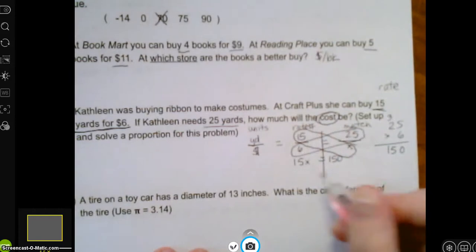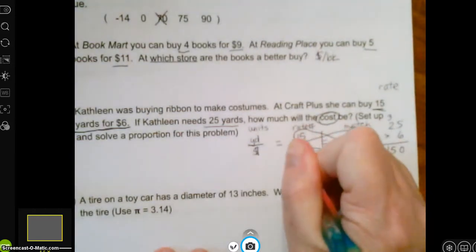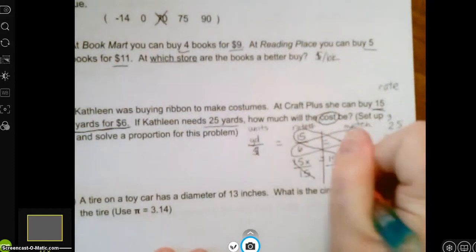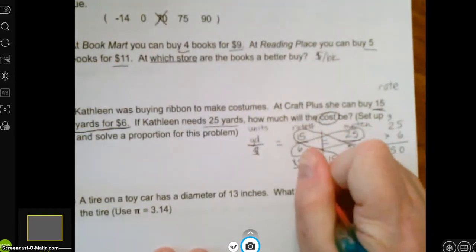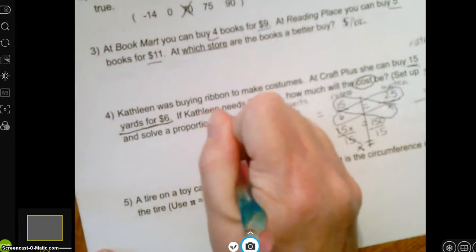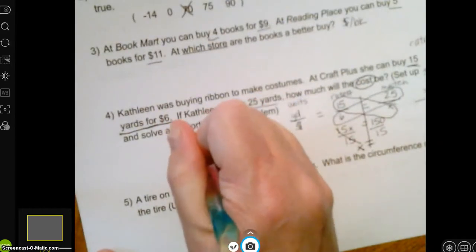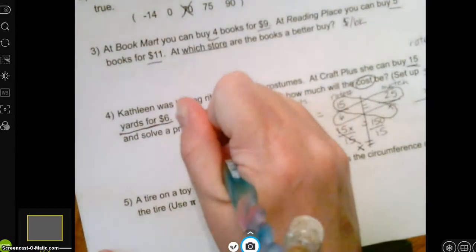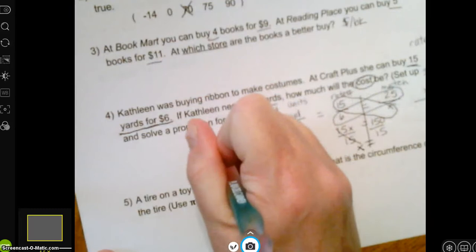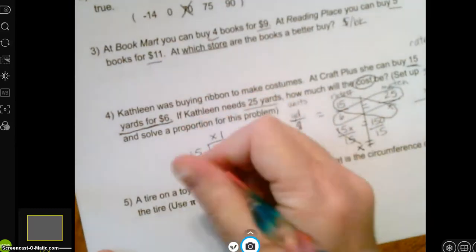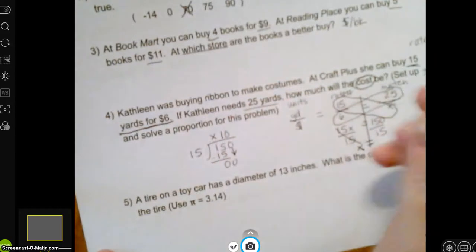Then we're almost done. Divide by 15. A lot of you can do this step in your head, which if you can, that's great. If not, we just show our division to the side. 15 won't go into 1. 15 into 15 goes 1 exactly. 0. 15 into 0 will go 0.